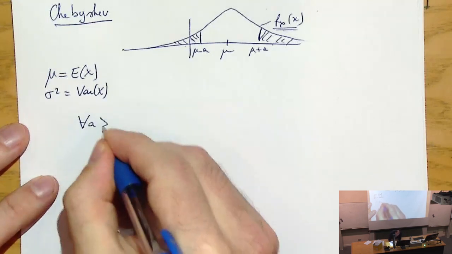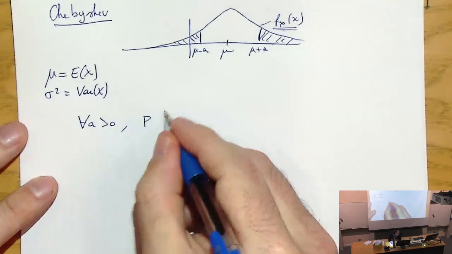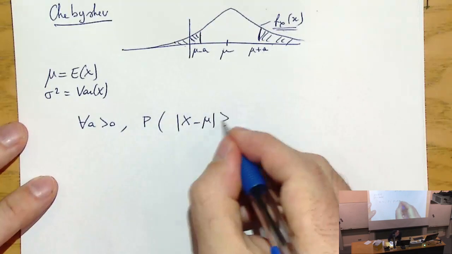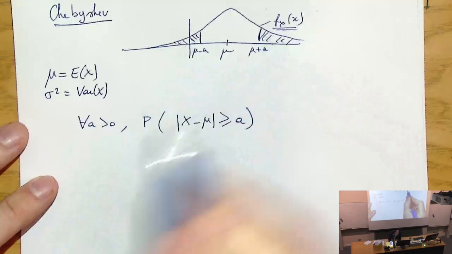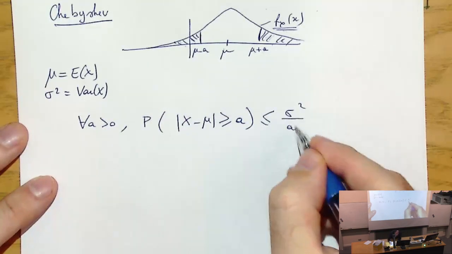Right, so what the Chebyshev inequality says is that you can always upper bound this quantity by the following. If I take any value of a here that is positive, I can write that the probability of x minus mu, taking the absolute value, being larger than a, which is actually this area that I have drawn here, is always smaller than sigma squared over a squared.